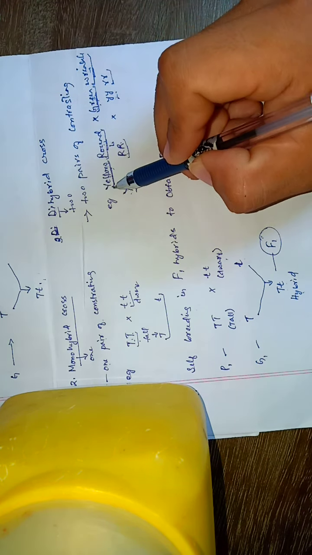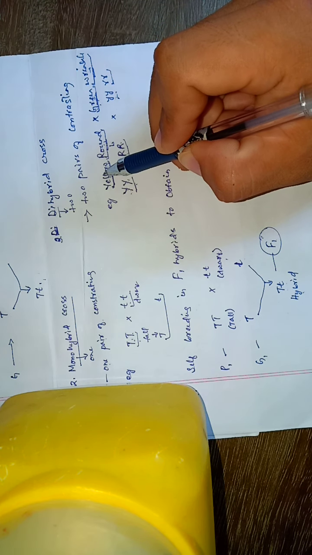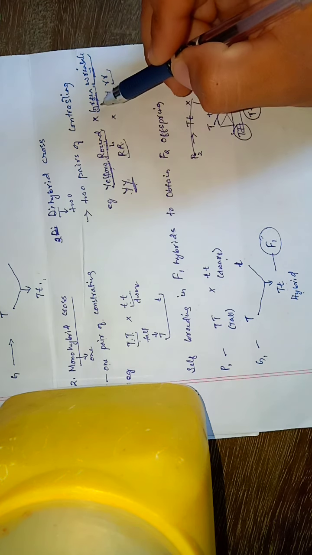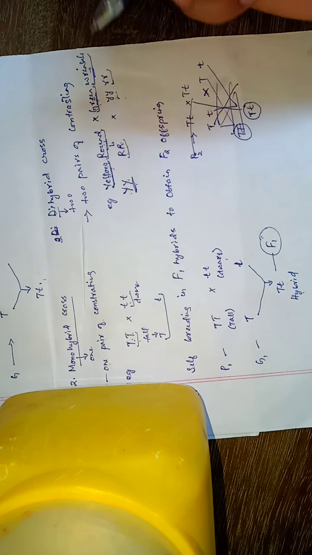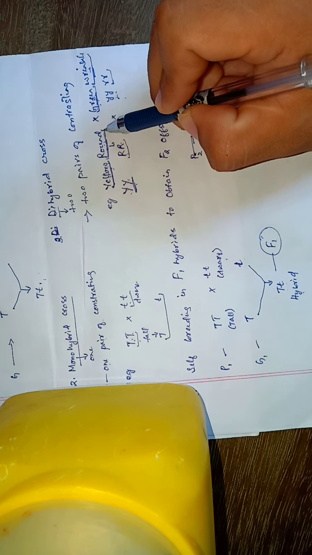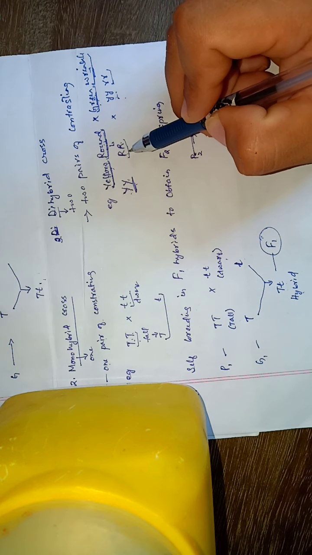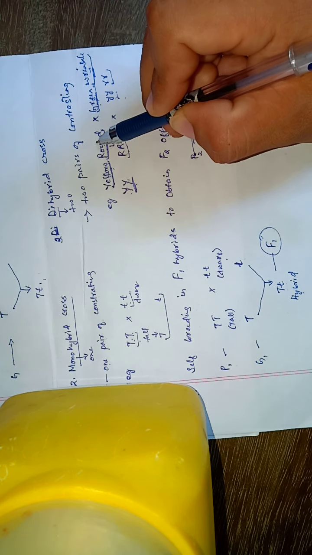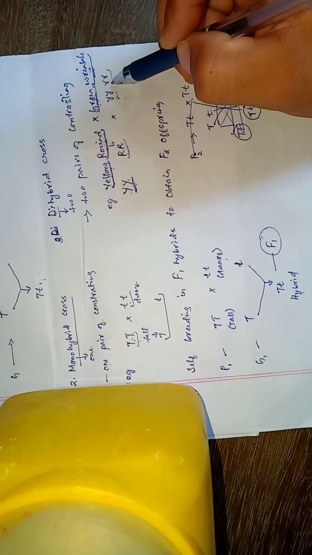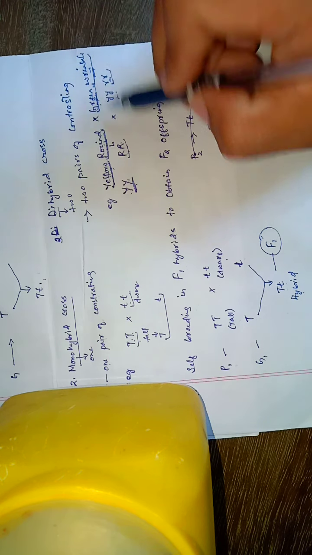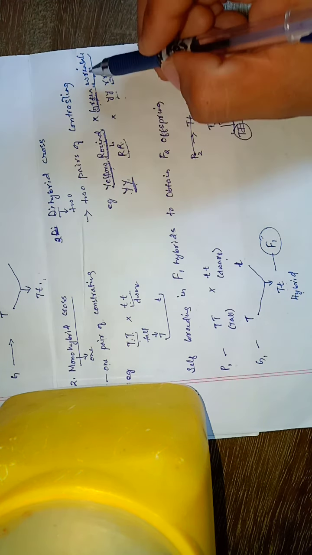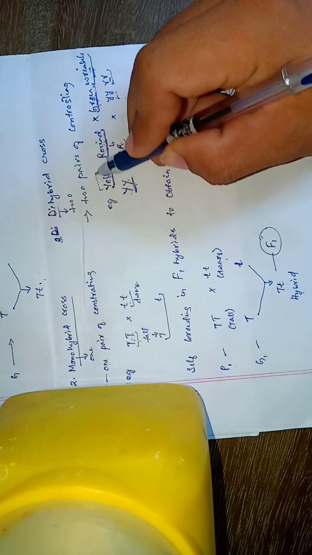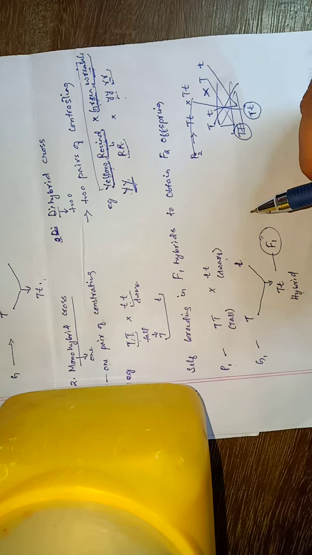So if yellow is dominant and green is recessive, and yellow is capital Y, then green has to be small y. Same as in this case, round is dominant, represented by capital R, and wrinkled is the recessive character of round. Therefore, wrinkled has to be represented by small r. So this type of crossing involving two pairs of contrasting characters is called the dihybrid cross.